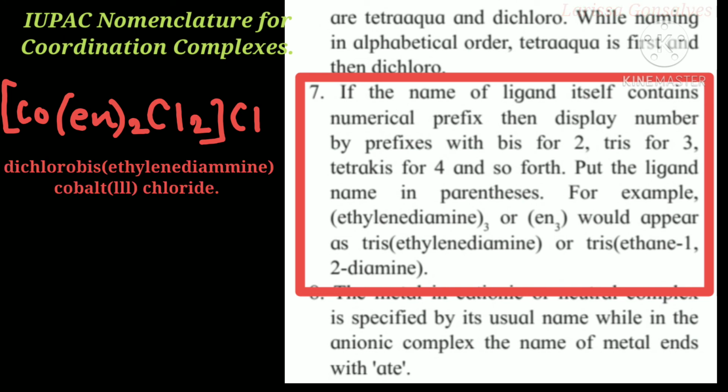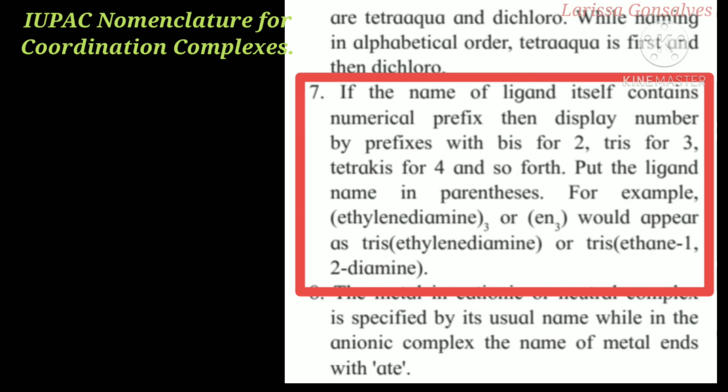Since there are 2 chloride ions, we will write it as dichlorobis(ethylenediamine)cobalt, then the oxidation state of cobalt which is found to be 3, and then chloride. Now why am I writing this as chloride? Because it is outside the coordination sphere. It is acting as a counter ion here.